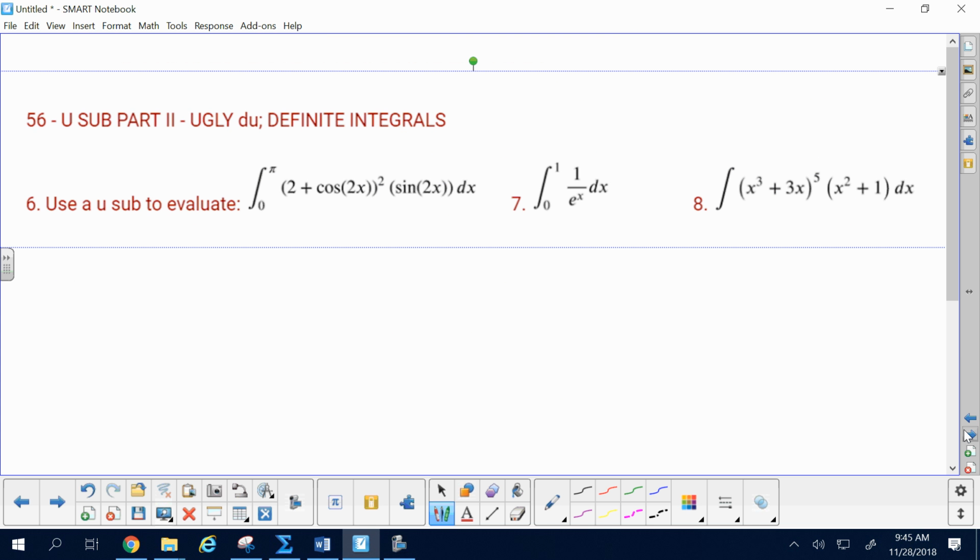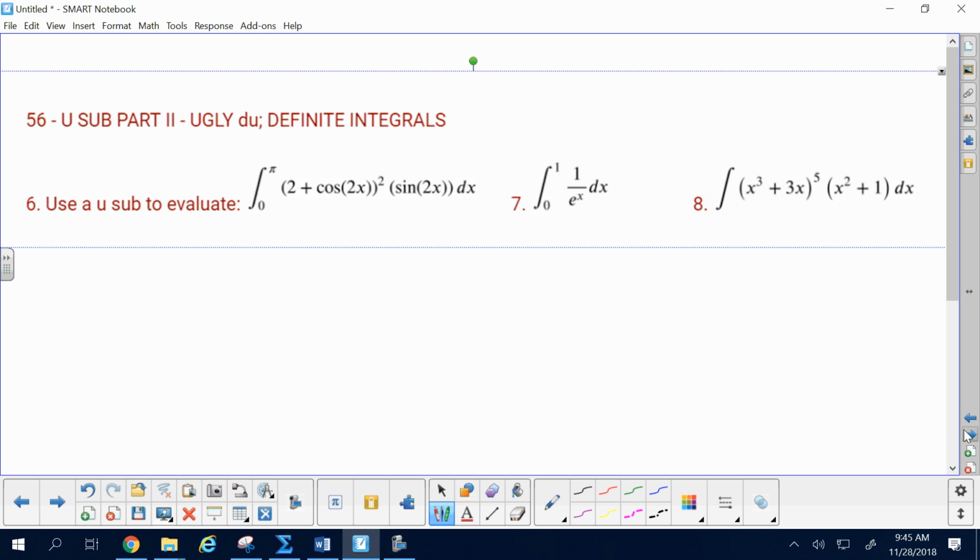All right? You need to be able to do U sub with the ugliest possible cases. Anytime you have a function within a function, you'll need to work with the U sub.